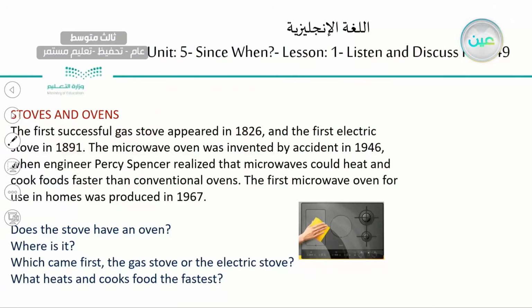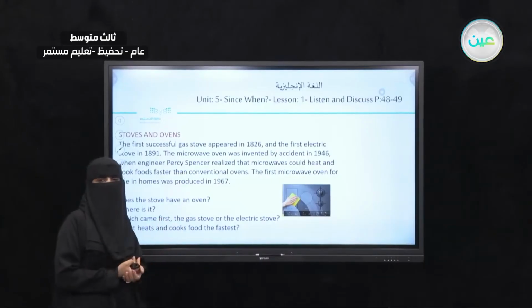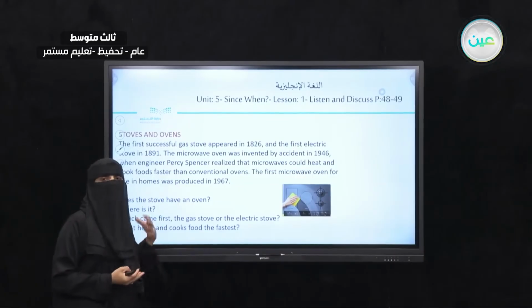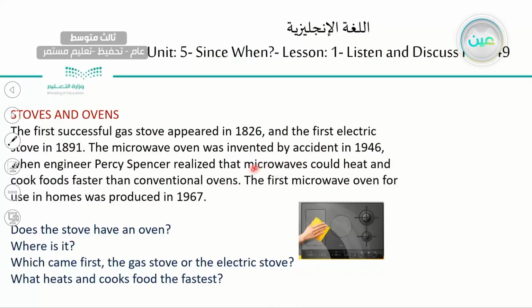The gas stove. Excellent. What heats and cooks food the fastest? They mentioned the device that cooks and heats food very fast, faster than an oven and a stove. Yes, they mentioned microwaves. Microwaves heat and cook food faster than the other devices.